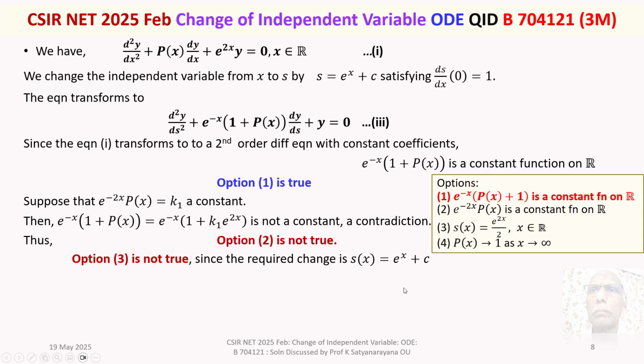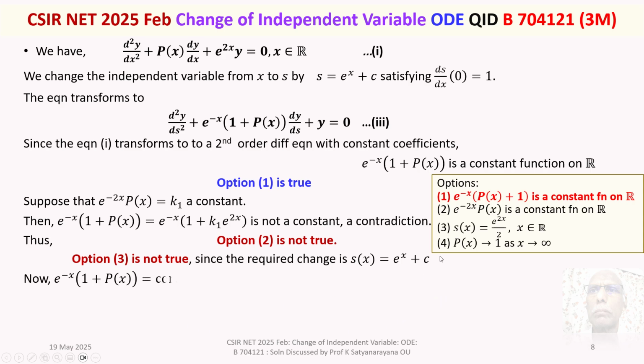And if you take s(x) equal to e^(2x)/2, ds/dx is e^(2x), and ds/dx when x is equal to 0 is 1. It satisfies the condition. But the coefficient of y after transformation is not going to be a constant. So therefore, option 3 is not true.